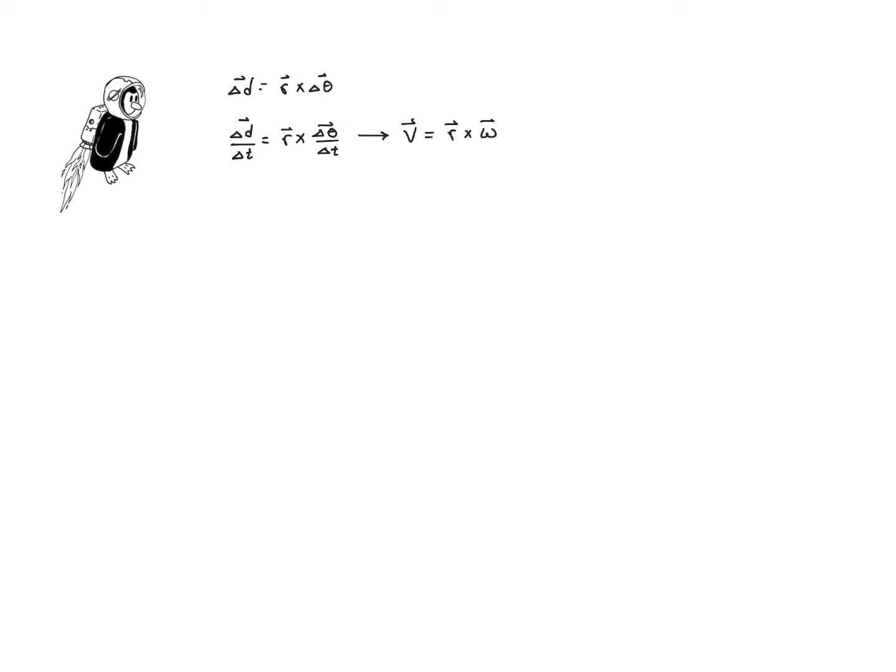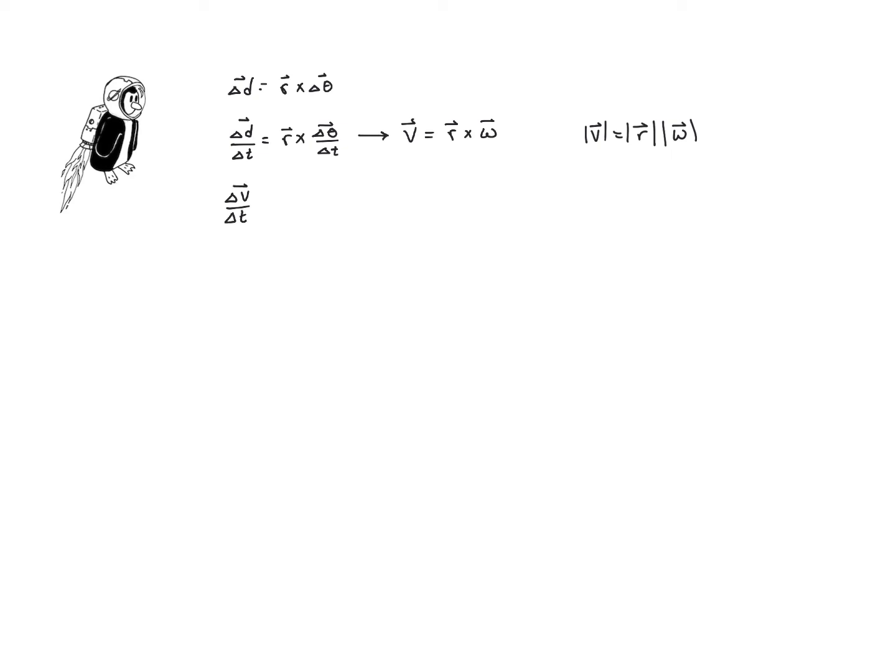which, if we wanted it in terms of magnitude, the speed is going to be equal to the radius of the wheel times how fast it's spinning, or the angular speed. Of course, we can also do the same trick and have a delta v over delta t.